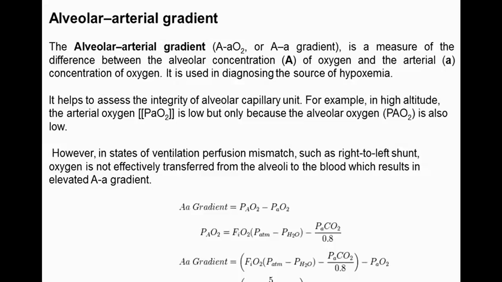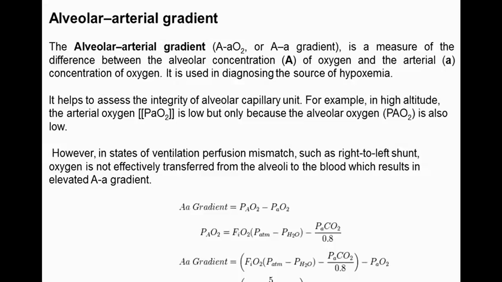When there is a pulmonary diffusion problem, what will occur? Will it affect the alveolar or the arterial? Arterial, but the alveolar is constant. But if there is a problem in ventilation, COPD, asthma, what will occur? The CO2 will rise. Once the CO2 rises, what about the alveolar oxygen pressure? Excellent, because the CO2 molecules are much higher, so the pressure of oxygen in the alveoli will be lesser.